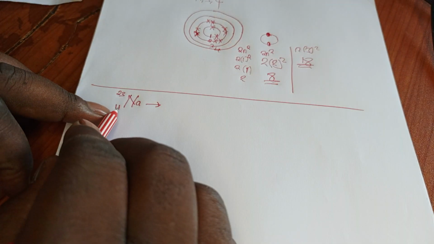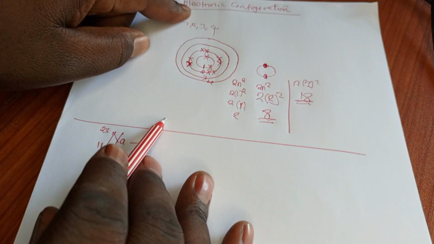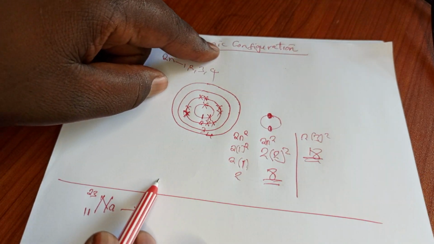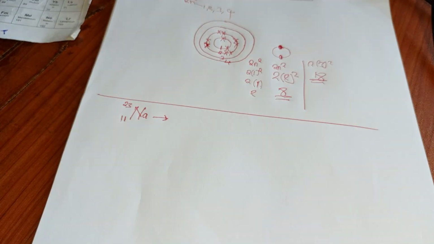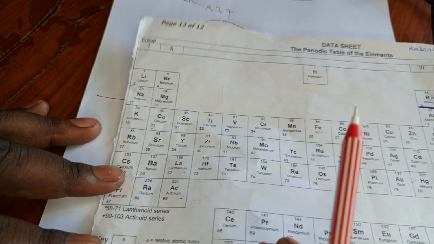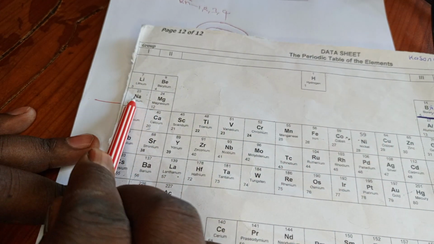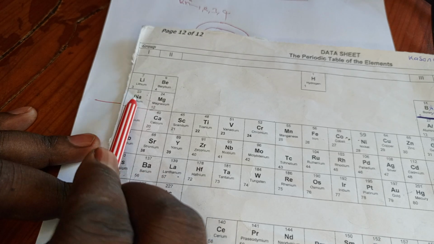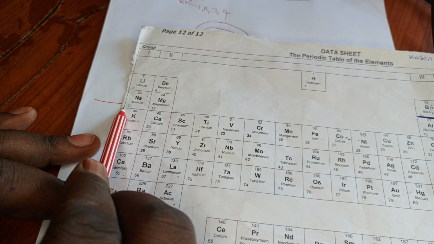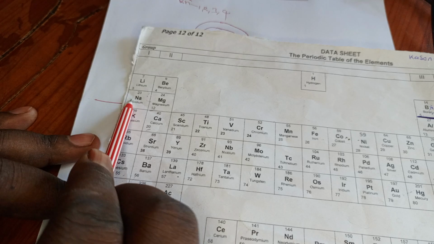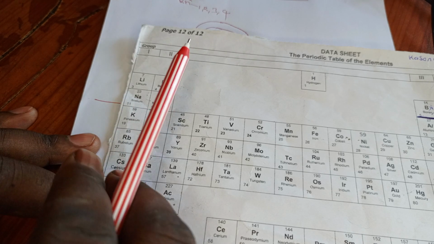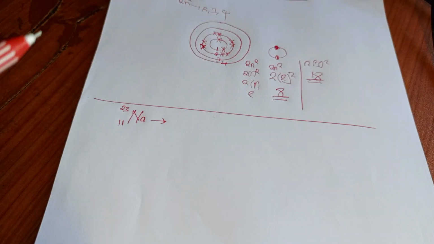Since it is the electron configuration, I need to get the electron number. So I can look for sodium on the periodic table. This is my periodic table. As you can see, for sodium there's 23 and there's 11 here. This is what we call its atomic number, proton number, or electron number. So the electron number is 11 for sodium.